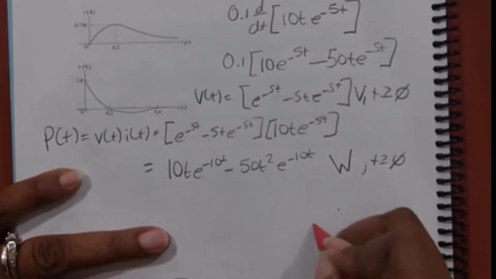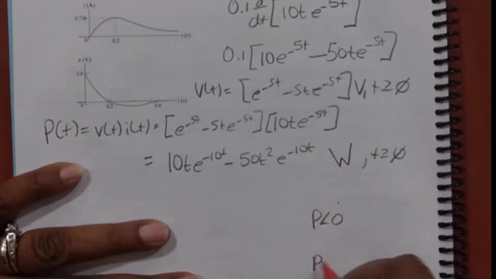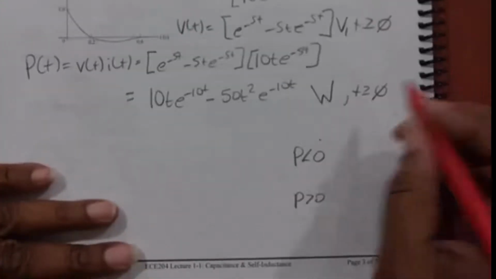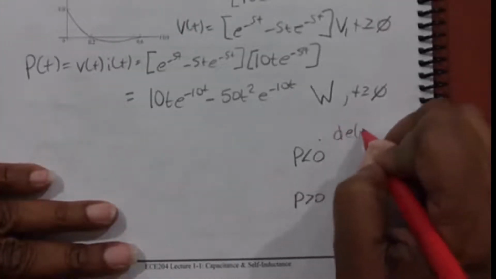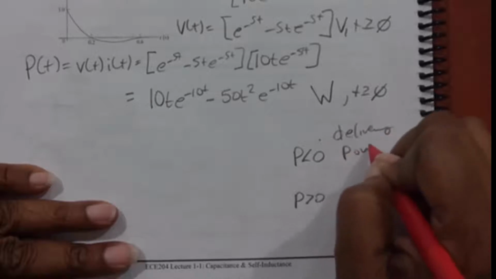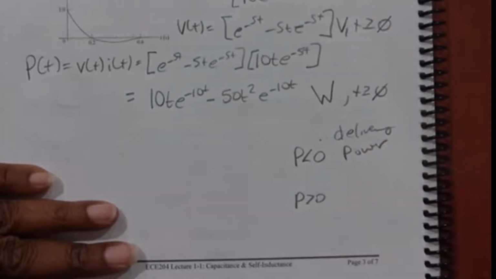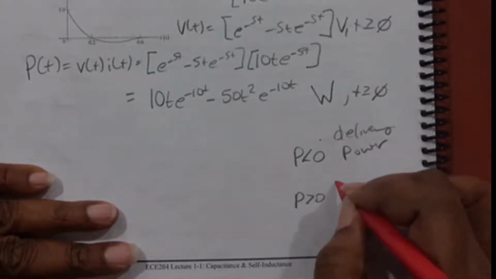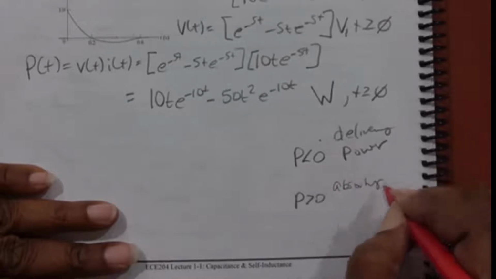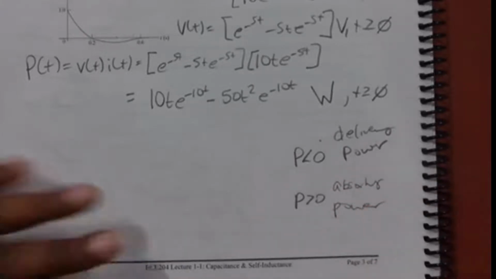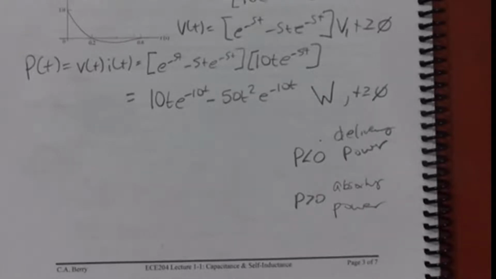Remember from DC circuits, when the power is less than 0, the device is delivering power, or the inductor is releasing energy back into the circuit. And when the power is greater than 0, the inductor is absorbing power, or charging, or storing energy, right? So power less than 0, delivering; power greater than 0, absorbing.